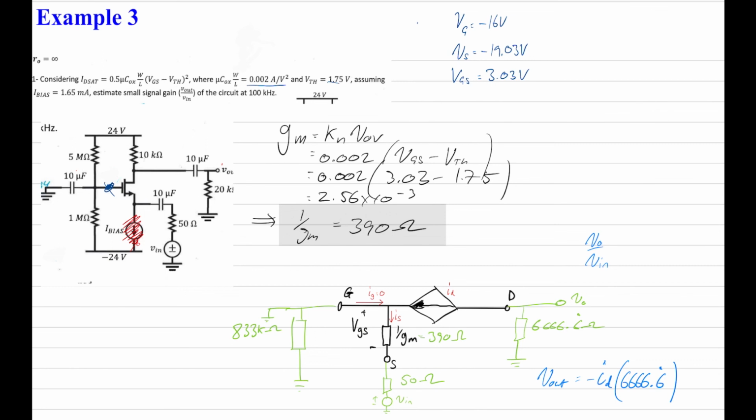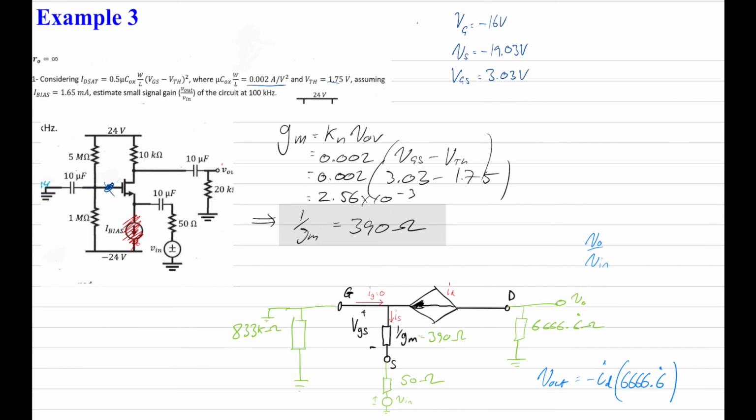So if we examine this path over here, what we can see is we could either apply Kirchhoff's law, Kirchhoff's current law, and we could say that we've got a voltage here, V in, between here and here, and we've got two resistances over here, between here and here. Okay? So we've got one voltage and we've got two resistors. So we can maybe find an expression for the current.